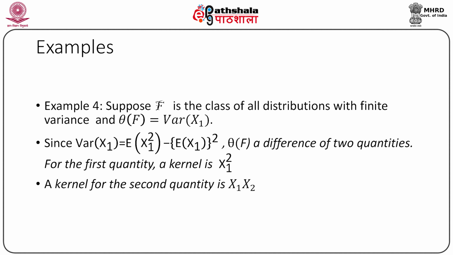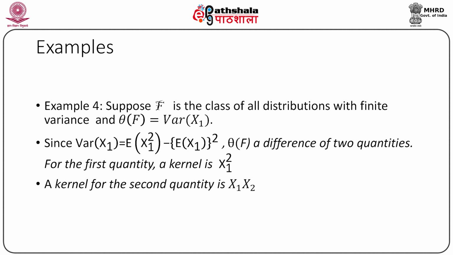Now, consider the following example. Suppose script f is a class of distributions with finite second order moment, and the functional of interest is the variance of x1. Observe that the variance of x1 can be expressed as the expected value of x1 square minus the square of the expected value of x1.